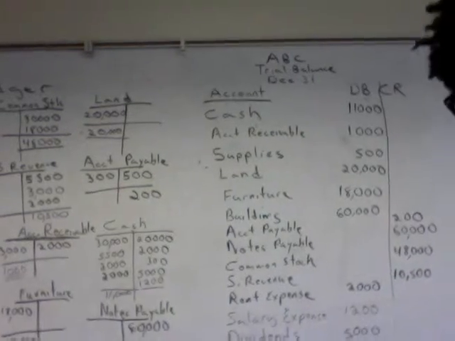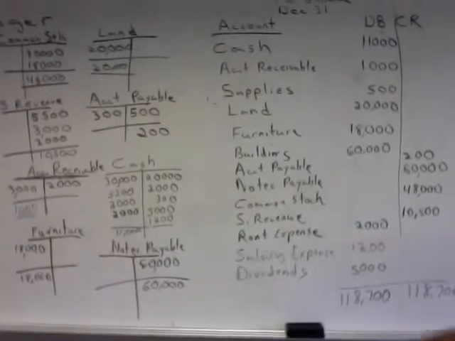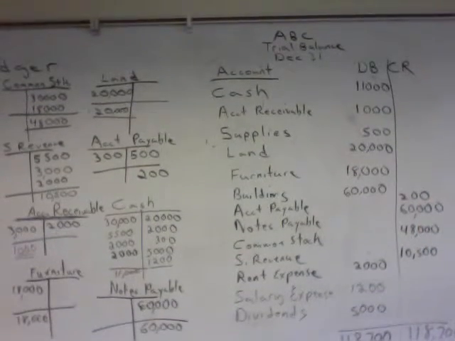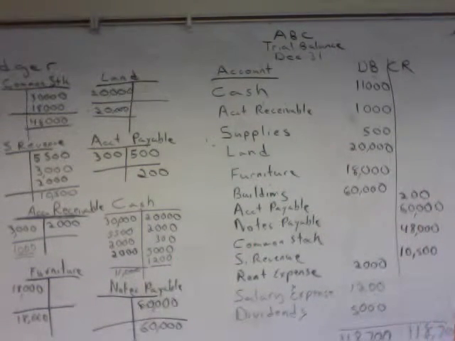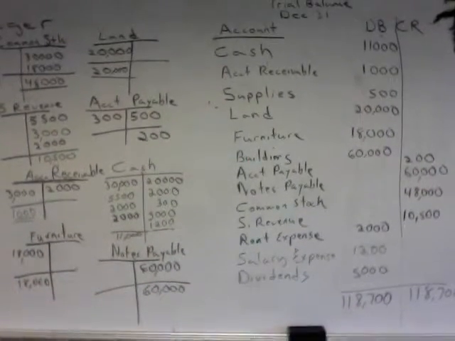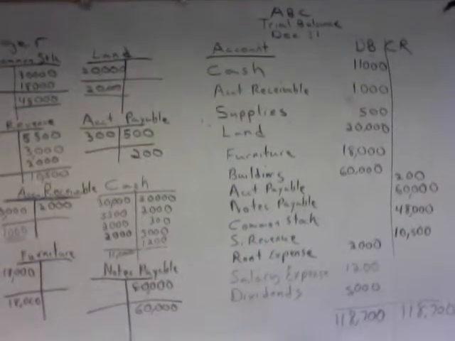So this was actually a perfect illustration of how to clean stuff up and why it's so important to do the trial balance. Okay? So hopefully you guys can watch this over and get some real value from this. Next thing we're going to do is take this information from the trial balance and create the financial statements.